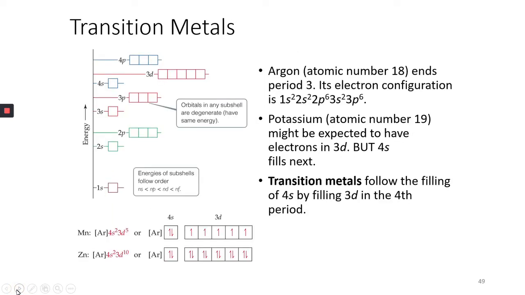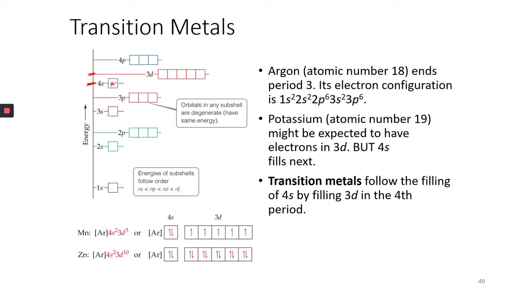So again, the transition metals are unique because we'll be filling the D block in the transition metals. And before we could fill the 3d, we have to fill the 4s. Remember, the 4s is lower energy than the 3d.